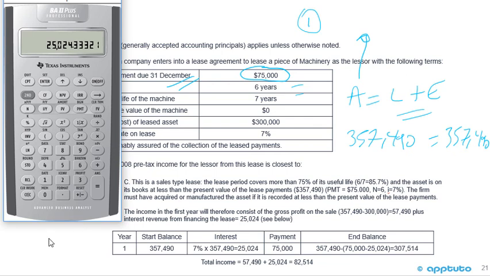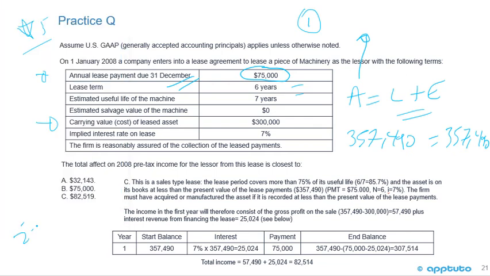So our interest is $25,024, and we made a profit on the sale of the asset, $357,490 minus the $300,000. So we made a profit of $57,490, and that's what is going to be our total effect on our pre-tax income for the lessor.